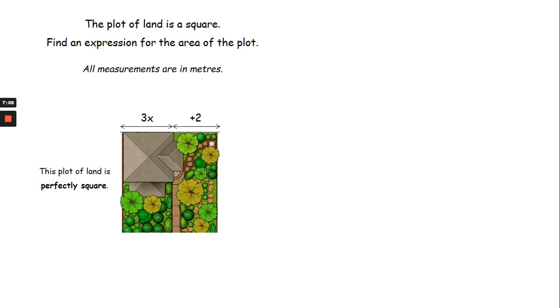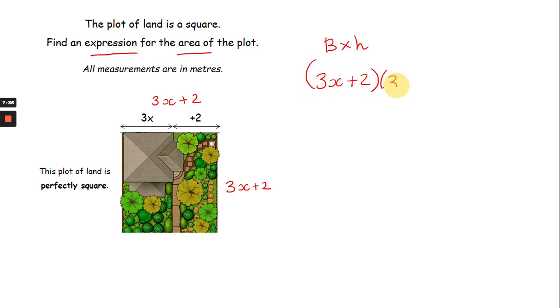So the plot of land is a square. Find an expression for the area of the plot. All measurements are in metres. So knowing that this is a square, this length can be written as 3x plus 2, which means that this length is 3x plus 2. So to find an expression for the area, it is given by base times height, or length times width. I'm just going to do 3x plus 2 multiplied by 3x plus 2.